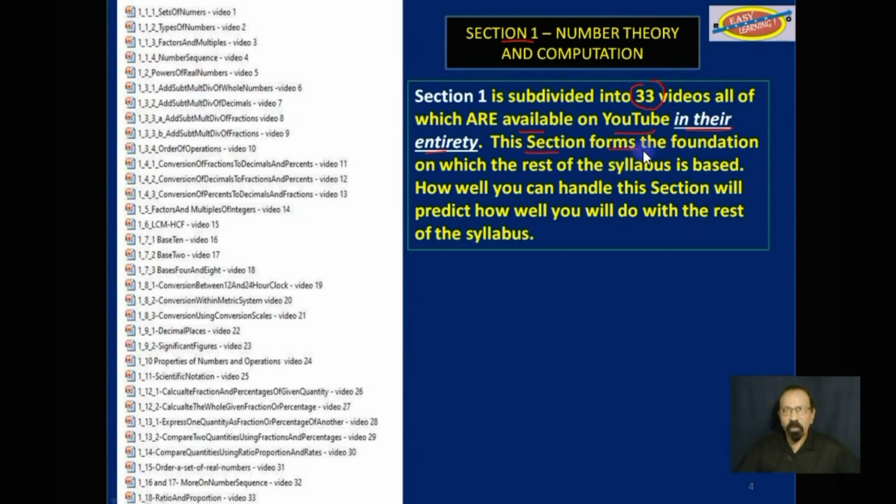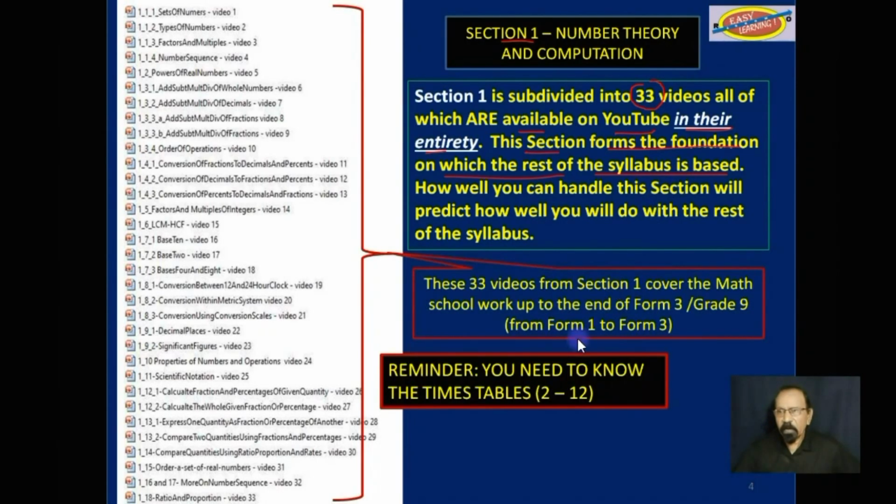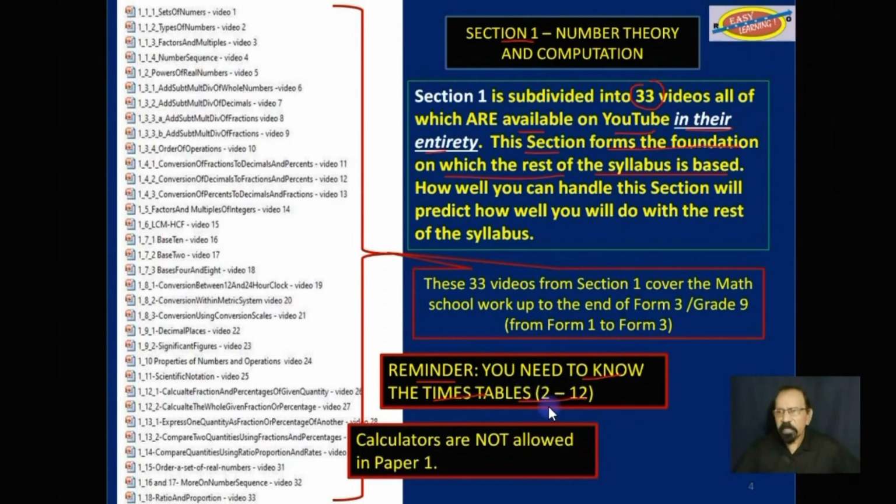From section 1, recall that all 33 of these videos are available on YouTube in their entirety, especially since this section forms the foundation on which the rest of the syllabus is based. Reminder also that you need to know the times tables from 2 to 12, since calculators are not allowed in paper 1.